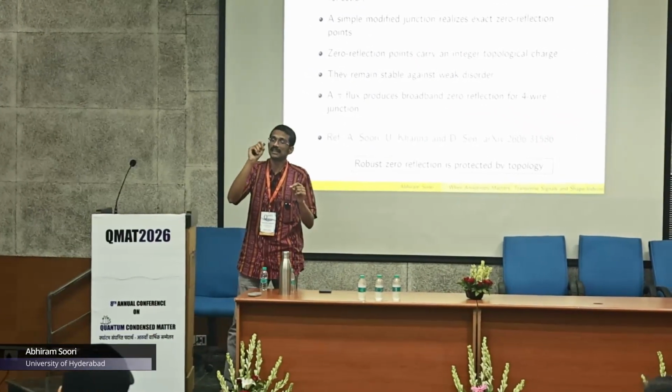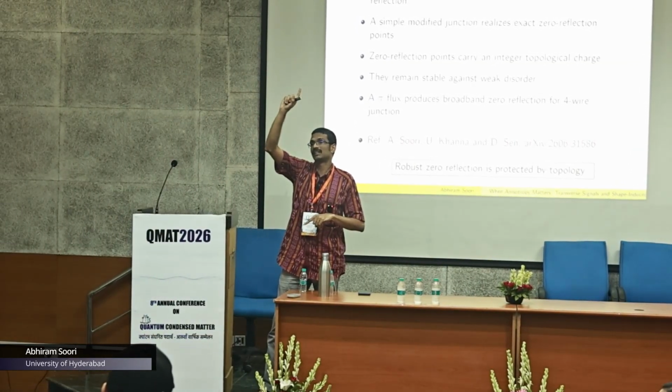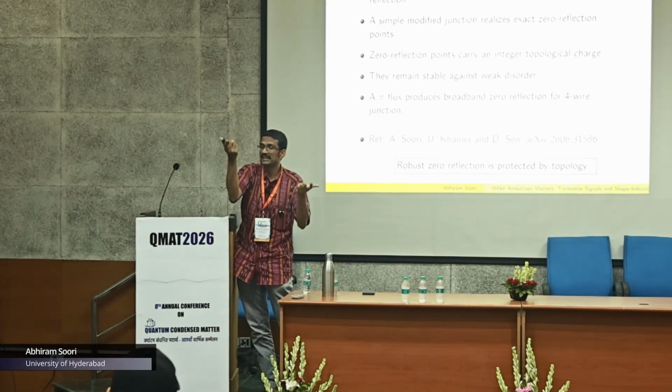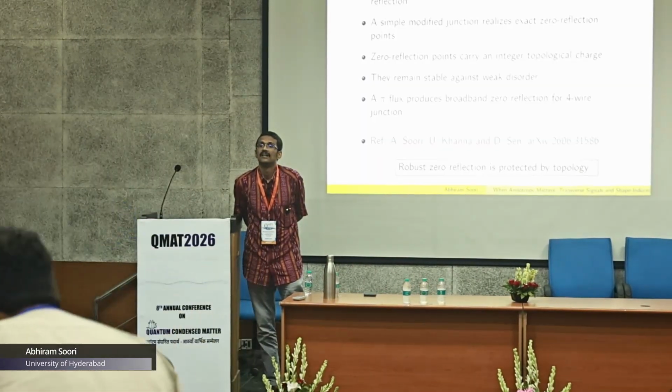In the last part of your presentation, you talk about this pi flux. Is it for that pentagon thing? No, it is for the 4-wire junction. It's a square essentially, and all the sites in the central square are connected to leads. Unlike your paper where you connect leads only to 2 sites, here all 4 sites are connected to the leads, and you put a pi flux. Is pi flux localizing the electron, or are you saying there is zero reflection?